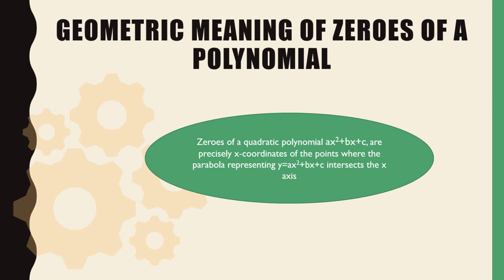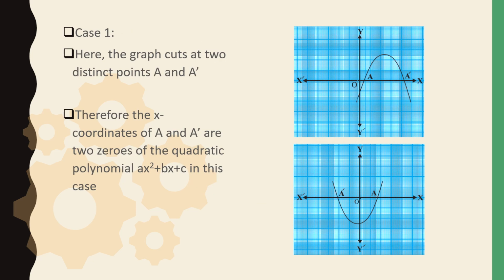So you can say the zeros of a quadratic polynomial ax square plus bx plus c are precisely the x coordinates of the points where the parabola representing y is equal to ax square plus bx plus c intersects the x-axis. You have got here three cases.